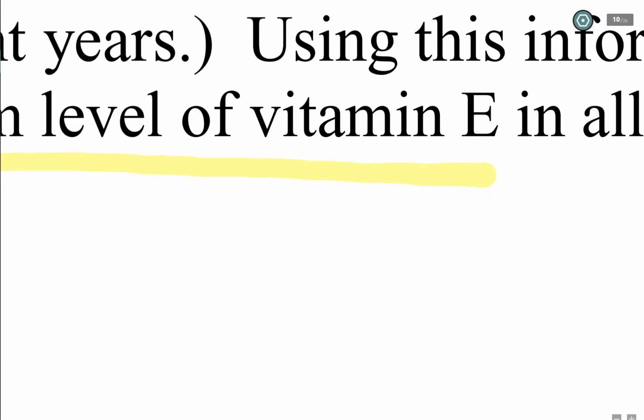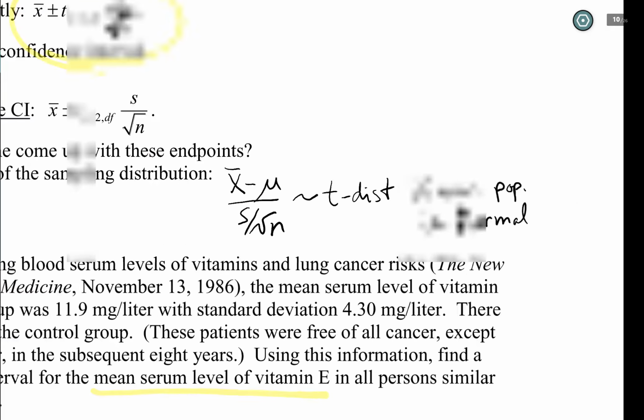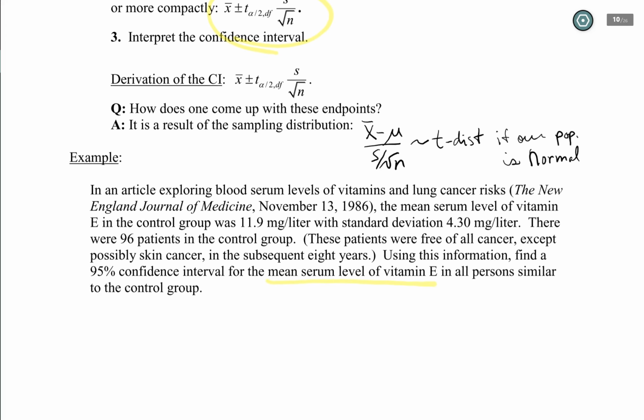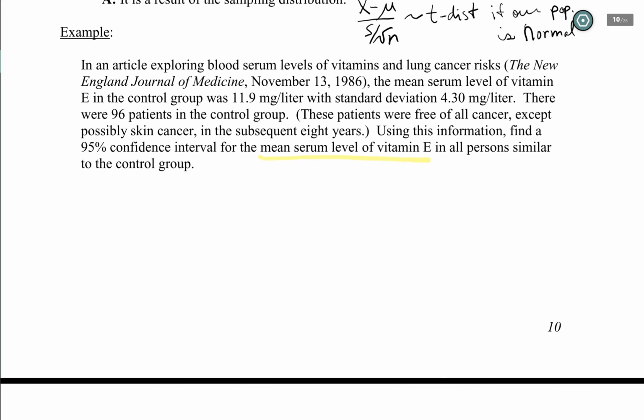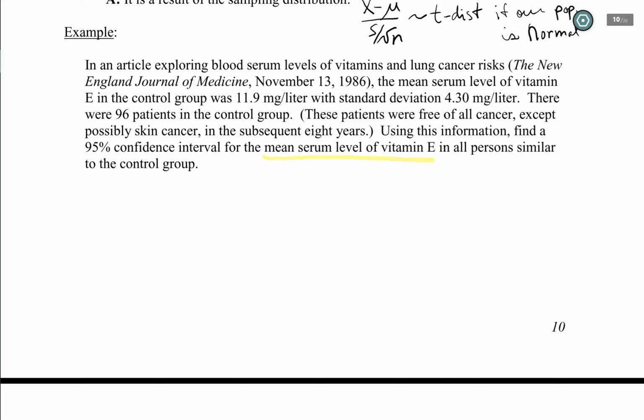This is what we're after. This quantity is mu. That's the parameter of interest. And as you look through this setup, you may wonder, well, what interval formula should we use?